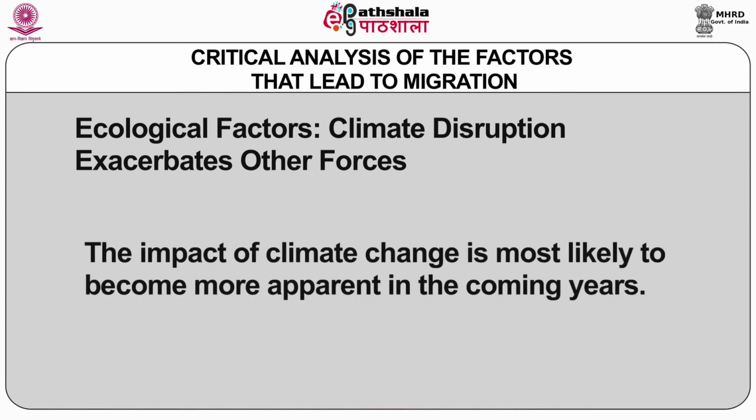The impact of climate change is most likely to become more apparent in the coming years. Climate change has an impact upon water resources, agriculture, food security, etc., which the states need to adequately address.